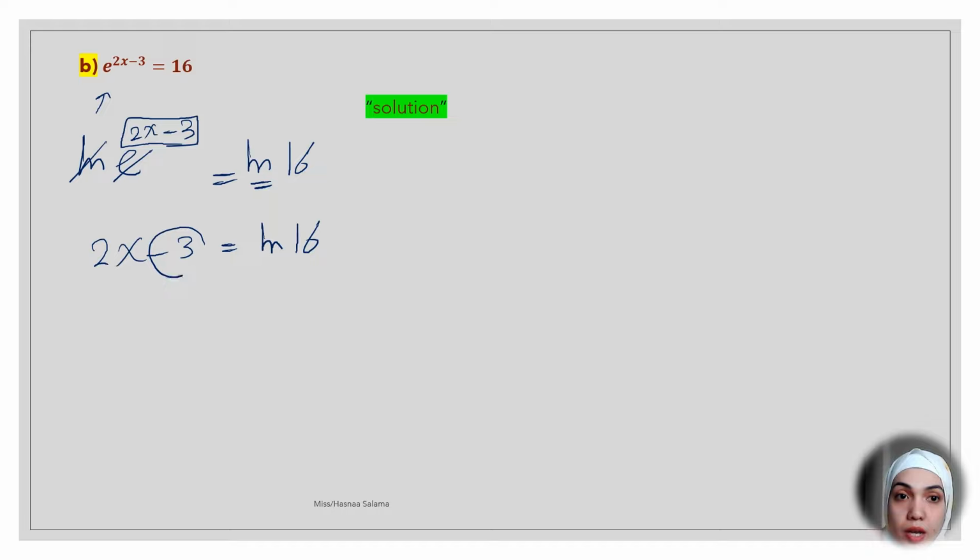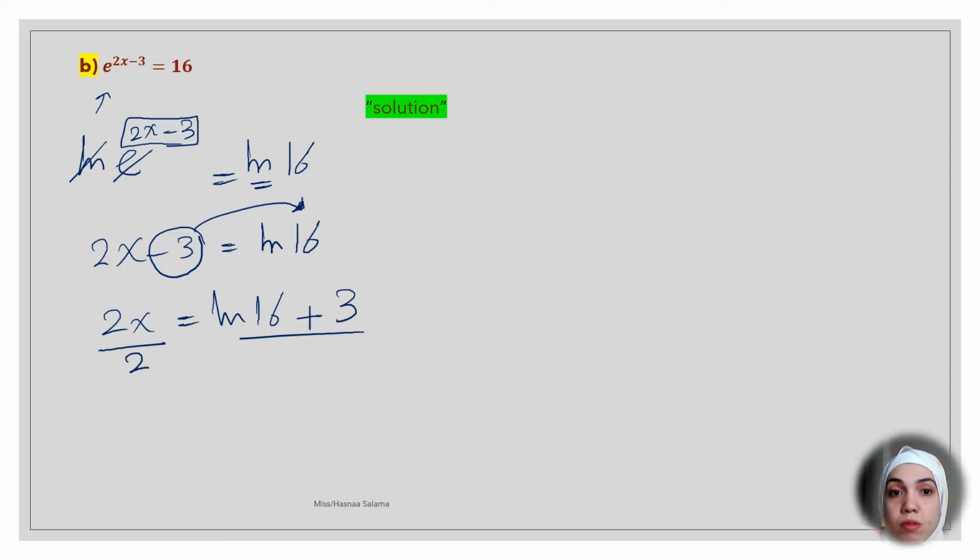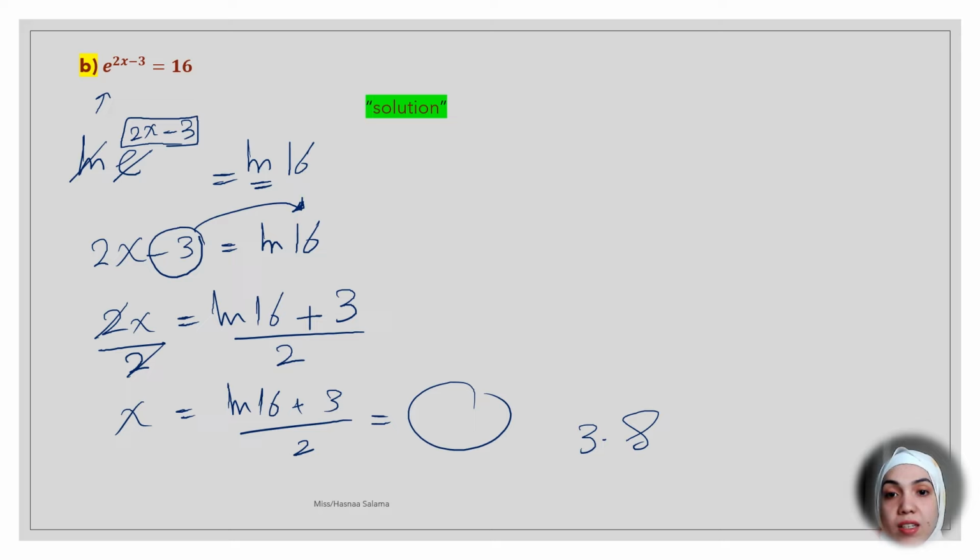I have negative 3, so I pass it to the other side, and the negative goes to positive. So 2x equal ln 16 plus 3. I have multiplication by 2, so the inverse is division for both. So x equal ln 16 plus 3 over 2. Write it in the calculator, and don't forget 3 significant figures.